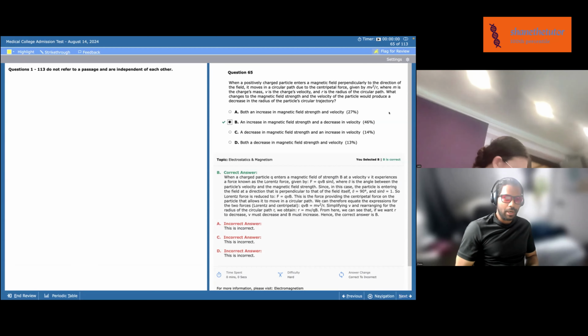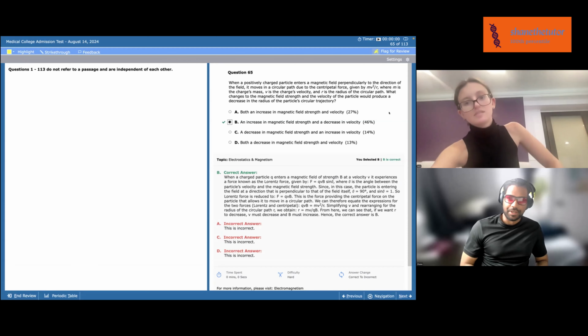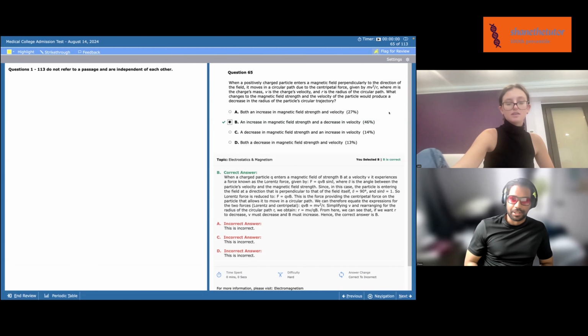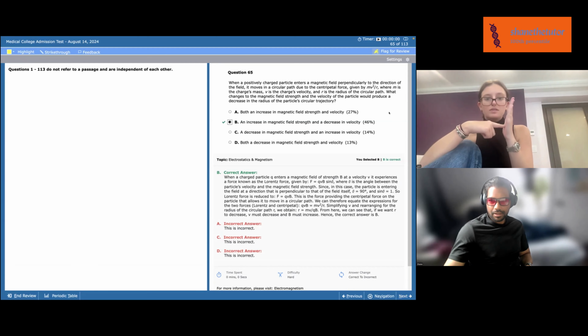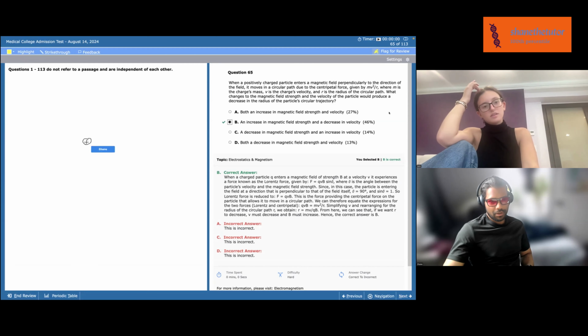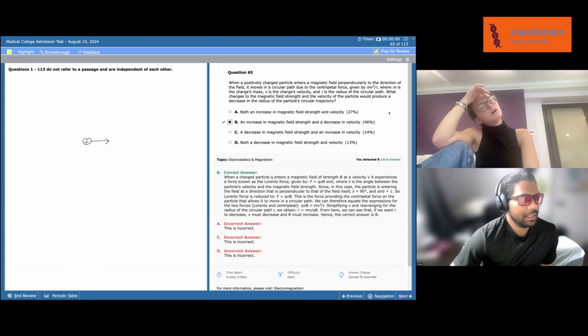So let's see. When a positively charged particle enters a magnetic field perpendicular to the direction of the field, it's like you have the field and then it goes in like this, right? Let's say a positively charged particle enters, and let's say the magnetic field is going here.